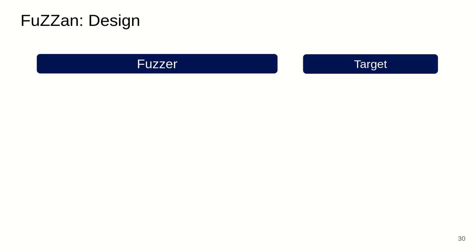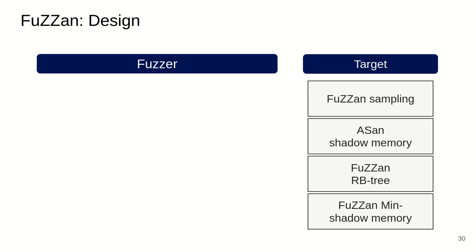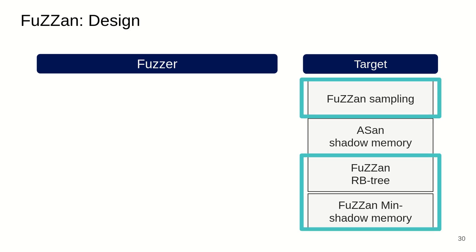And the target we compile 4 times in 4 different ways. Once with ASan shadow memory, just as it used to be, right? So this is the default address sanitization. And then we compile it 3 times more, once with sampling to figure out the cost of the execution, and then with an RB tree and a minimum shadow memory, which we will discuss in a bit.